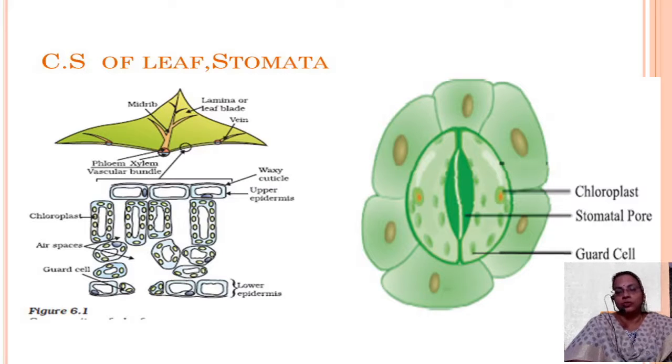Then this is the structure of stomata. So stomata means the minute pores on the surface of the leaves, and there are more stomata in dicot plants on the lower surface, whereas in monocot plants both the upper surface and the lower surface have an equal number of stomata. And in dicot, the stomatal opening is guarded by 2 bean-shaped cells.